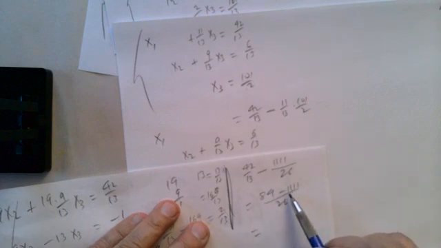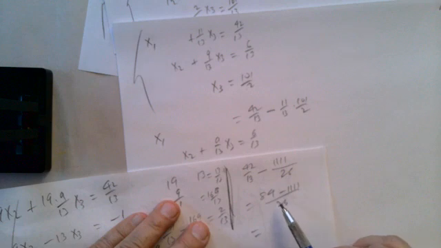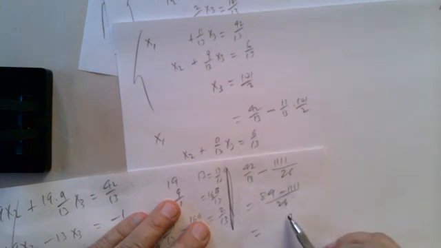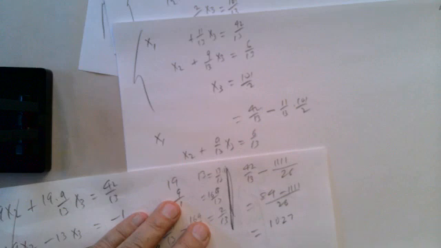So if I manage to subtract 84 from 1111, I get 7, 2, 01. See, is that right? I think so. Yeah. Over 26.